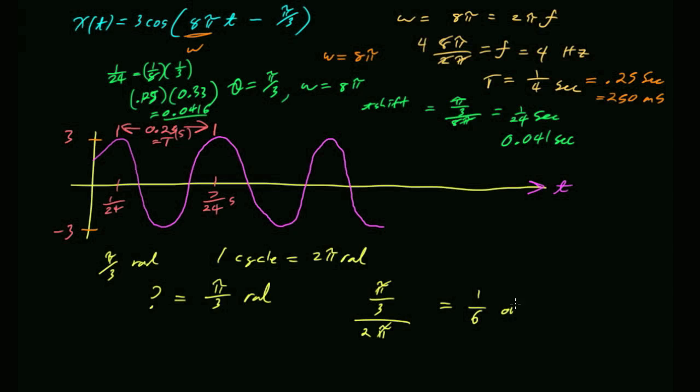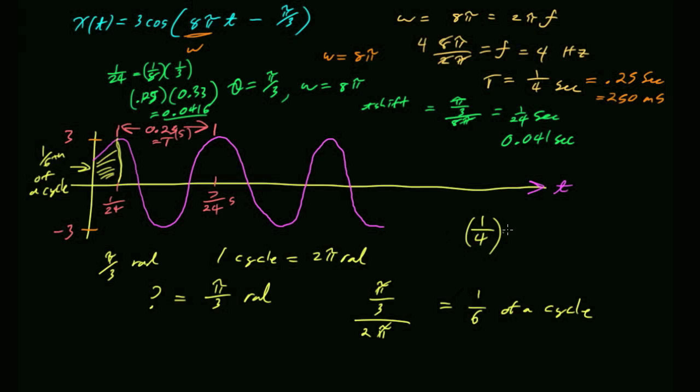So, how many cycles to the right do we shift our cosine? 1/6 of a cycle. Does that make sense? It does, because how long is one cycle for this cosine? My period is 1/4 of a second. And I'm shifted to the right by 1/6 of a cycle. So what is 1/6 of a quarter? 1 over 24.